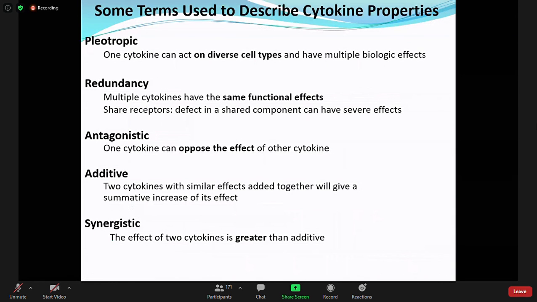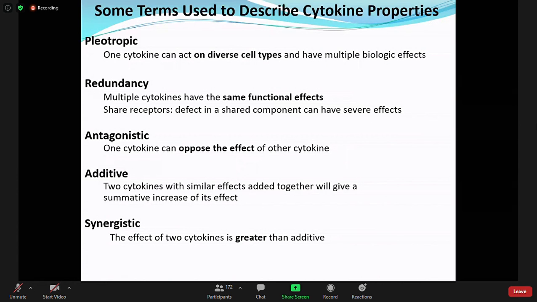In terms of functionality, we have various terms for the activity of cytokines. One is that many cytokines are pleiotropic, which means that they function in many different situations, whether it's bone marrow development, neural development, embryonic development, or whatever. All of that can be mediated by the same cytokine. Redundancy refers to the backup system in biology, in that no one cytokine has a crucial function.